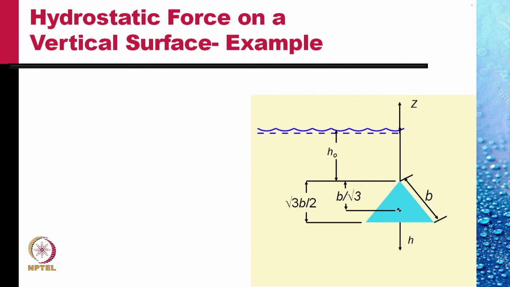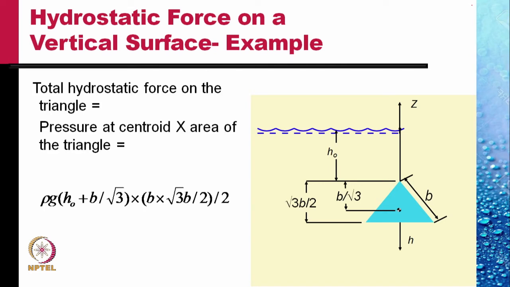The total depth of the centroid is h naught plus b by √3. And so the total force is the pressure at the centroid, which would be rho g into h naught plus b by √3, multiplied by the area of the plate. The area of the plate being b times √3 b by 2 divided by 2.